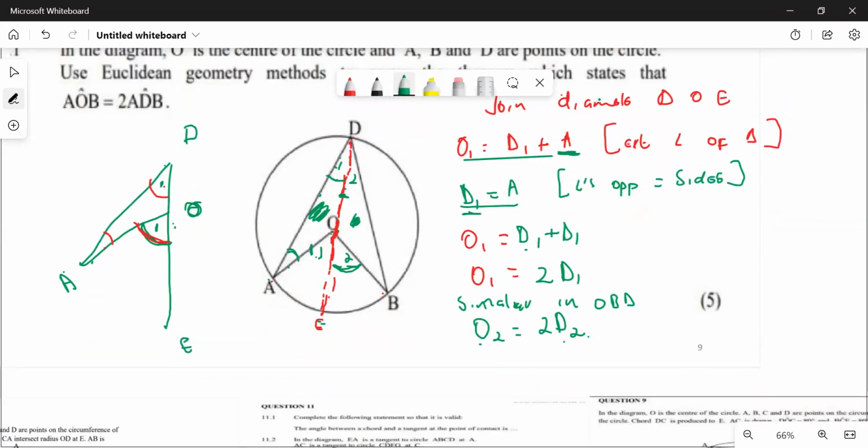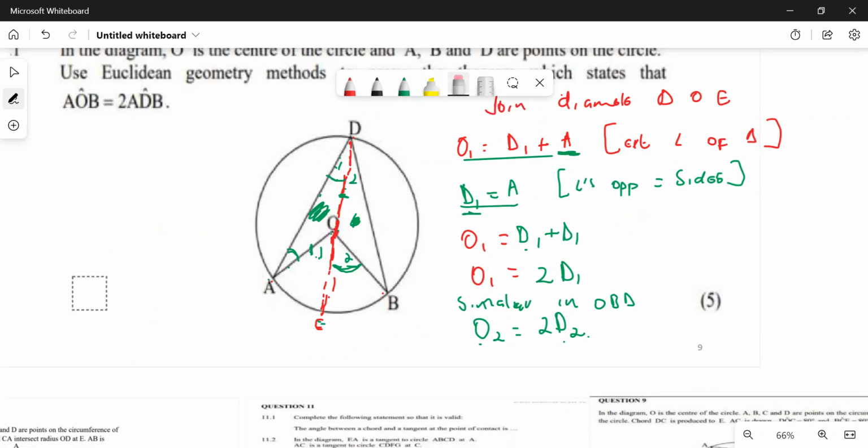And then from here onwards, what you then see is the following. If we move on with this thing here, you can then safely say that O1 plus O2 is going to be 2 D1 plus 2 D2. As you can see here, there's a 2 and then there's a 2 again.